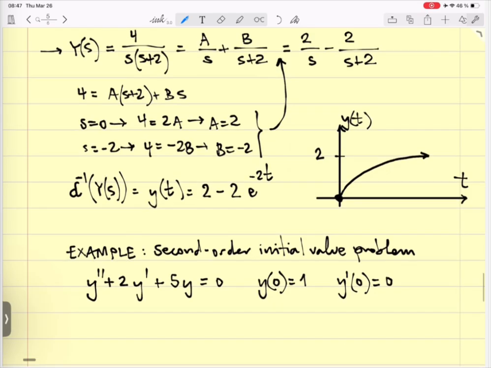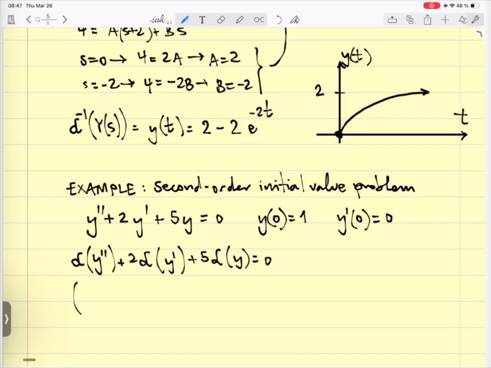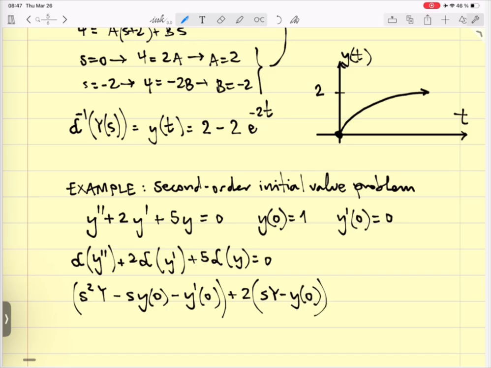So the second order problem is something like, if we apply Laplace, the Laplace transform of the second derivative, as we saw, is the square of s times I minus s times the initial condition, minus the initial condition of the derivative, plus 2 times s times the function minus the initial condition, plus 5 times the function.